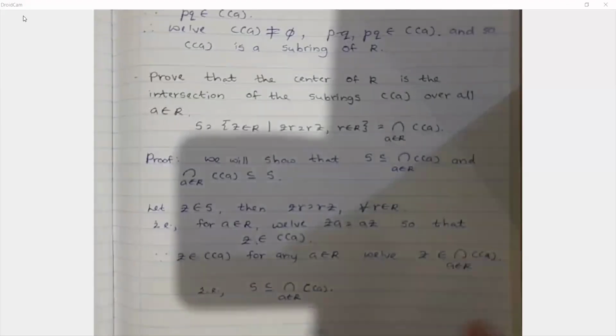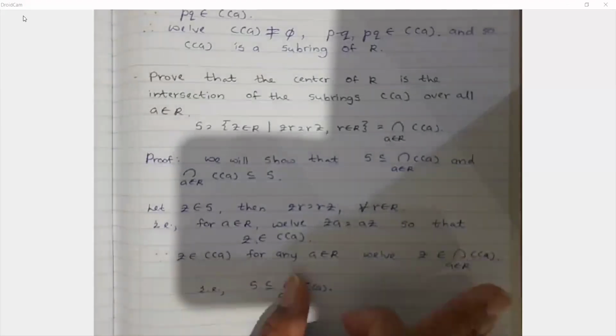Now, to show that the intersection itself is a subset of S, let's pick one element from the intersection. Now, let's take Z to be an element in the intersection. If it is an element in this intersection which runs over every element in R, Z must belong in each of these subrings, right?